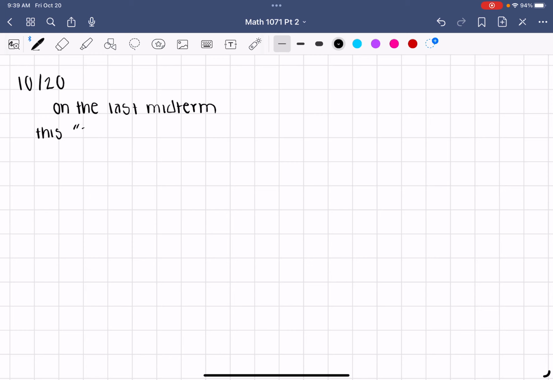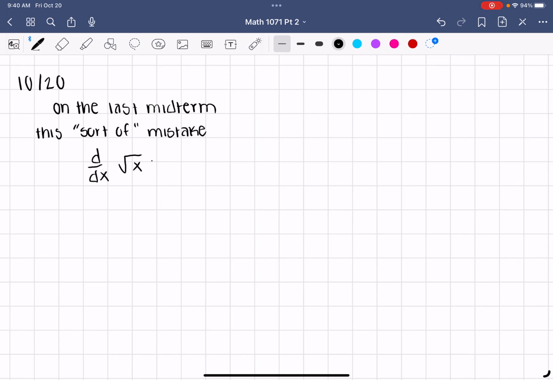Let's say we want to find the derivative of the square root of x. In order to use the power rule, I first turn that root into a power, x to the 1/2.